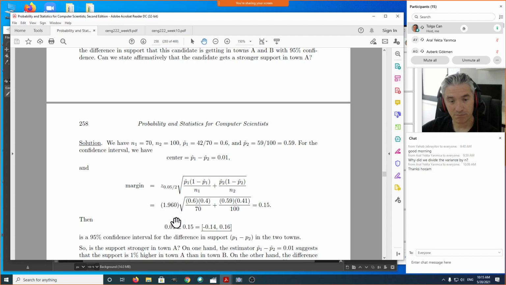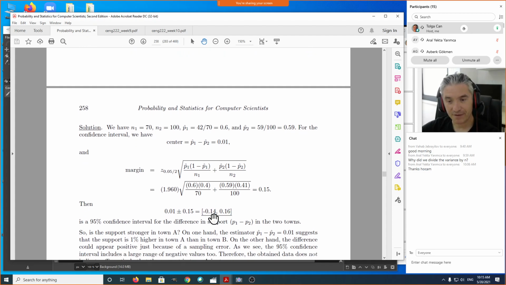If you add and subtract this many standard errors from the difference, you see that it's between minus 0.14 and plus 0.16, which means that with 95% confidence, the support in town A may be lower or higher. So 0 is almost at the center of this.